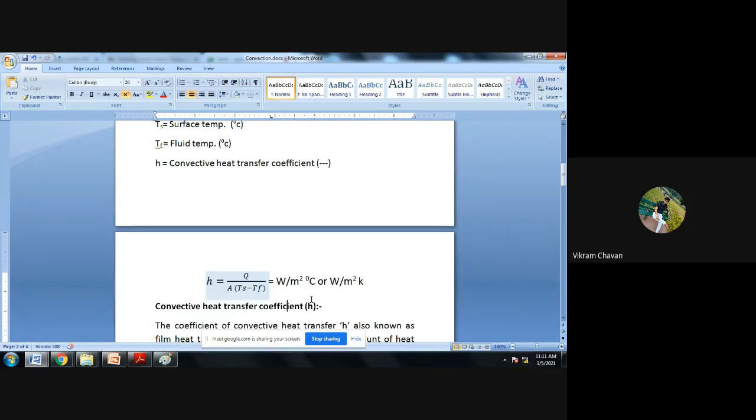Did everyone get how we are determining the units of h? In conduction also, in a similar fashion, we determined the unit for thermal conductivity.